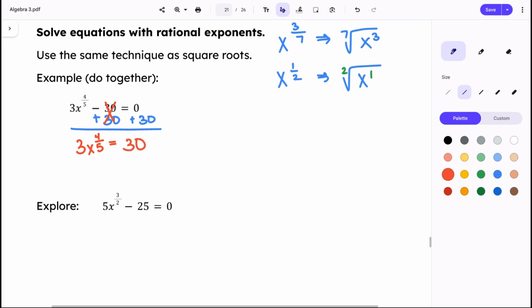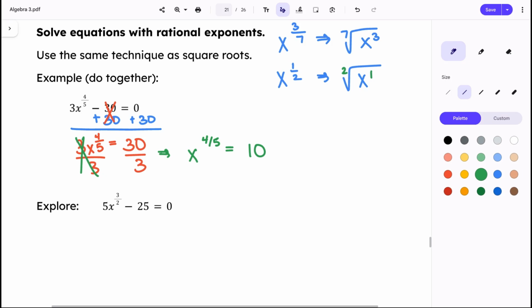I also want to get rid of that 3 in front of the x, so I'm going to divide both sides by 3. Now this says x to the 4/5 equals, and what would be 30 divided by 3? 10, right?